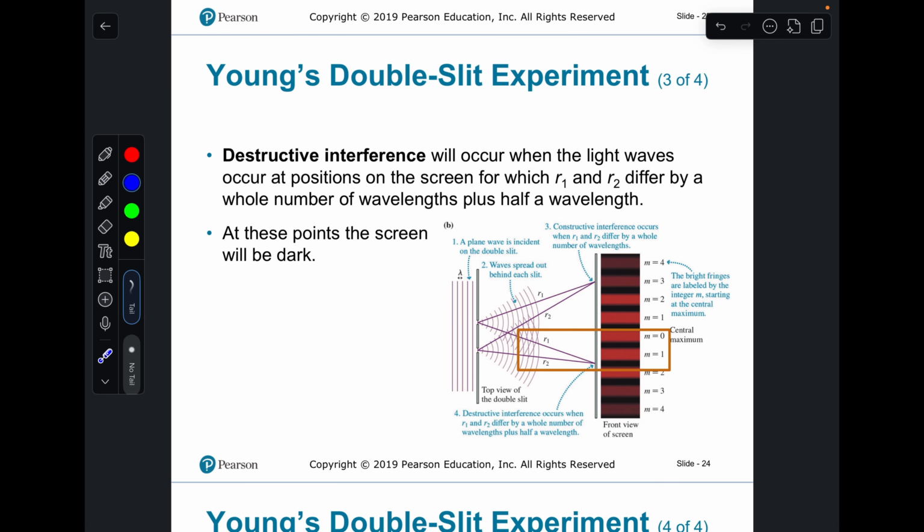You're also going to see destructive interference when we look at the absence of light, or the dark fringes, as we call them. Where there is no light ending up on the screen, you know that the path length difference between the two slits is going to be equal to some wavelength plus half a wavelength.